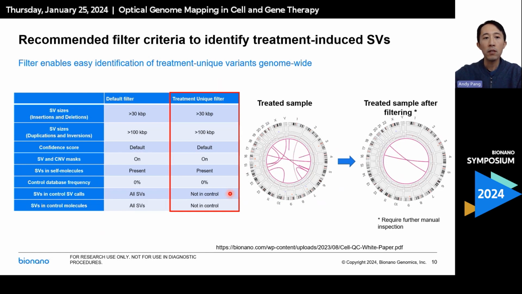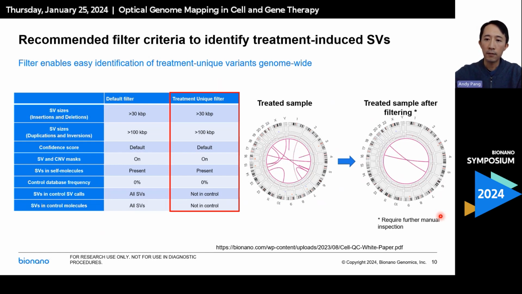Specifically, you can filter for SVs that are absent in the control SV call sets, as well as the control molecules. And in applying these filters, you can then quickly narrow down to a handful of candidate structural rearrangements that could be treatment specific. And then you would need to do manual inspection of the calls.